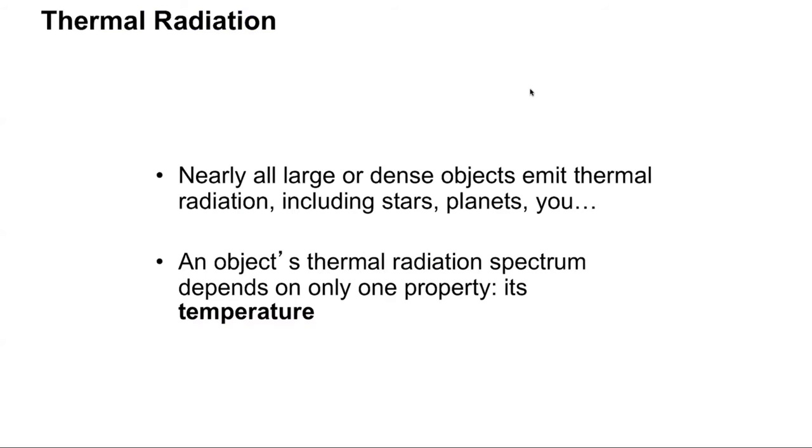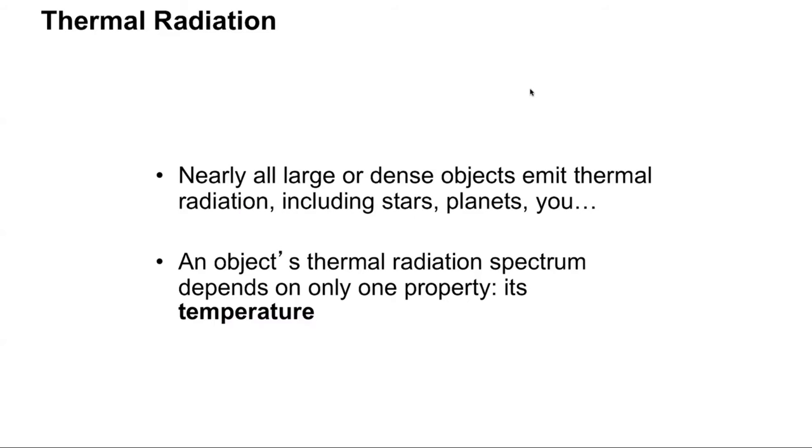We mentioned this in one of the previous videos when I was talking about continuous spectra, right? Every object in the universe that has some solidity to it and has some non-zero temperature, and by that I mean every object in the universe, emits light, emits thermal radiation, right? We'll talk about what temperature is in a bit, but it is the random motions of particles, of atoms that make it up.